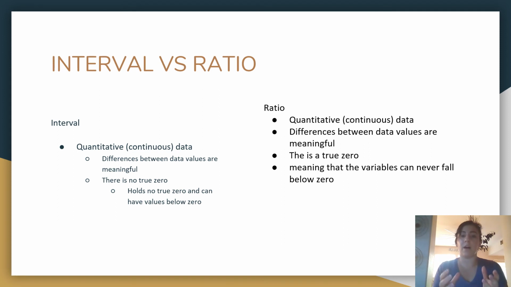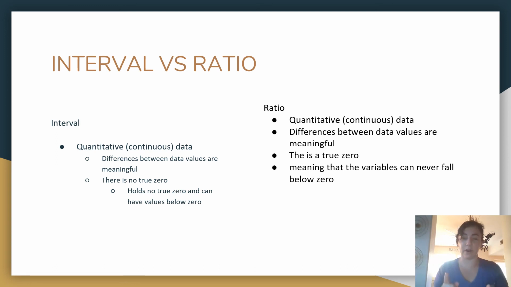The differences between the data values of each of these are meaningful, and that means that each single value is meaningful. They're distinguishable. They're different from each other. It's like going up in levels, or having different numbers. Each different value is separate and meaningful, okay.